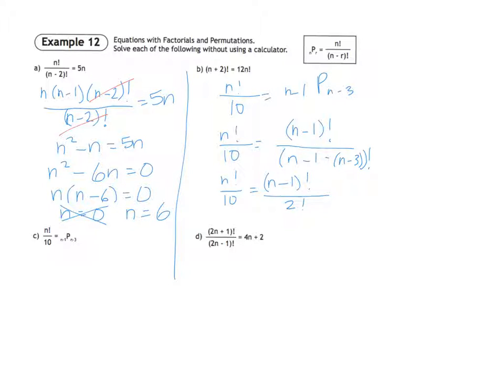I think I want to expand that n factorial and make it n times (n minus 1) factorial over 10 equals (n minus 1) factorial over 2. And then what?